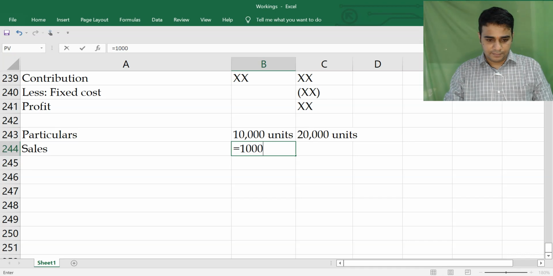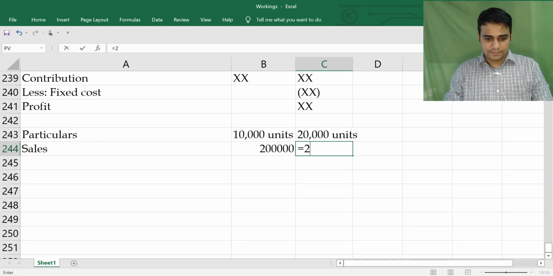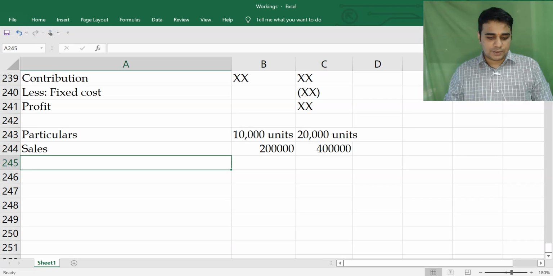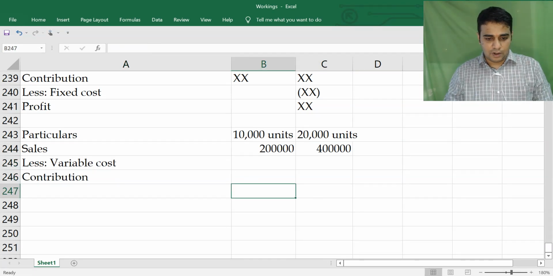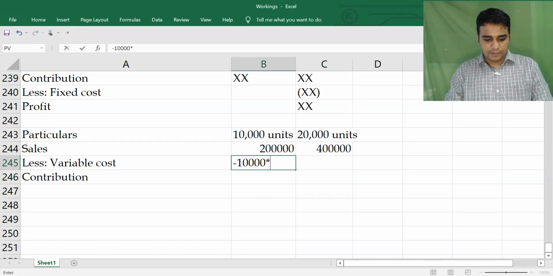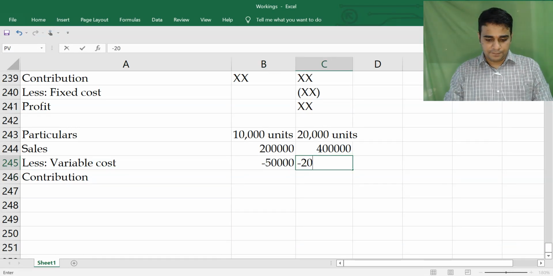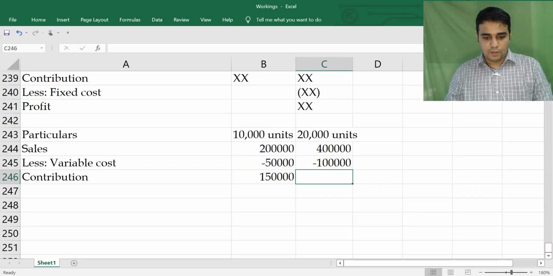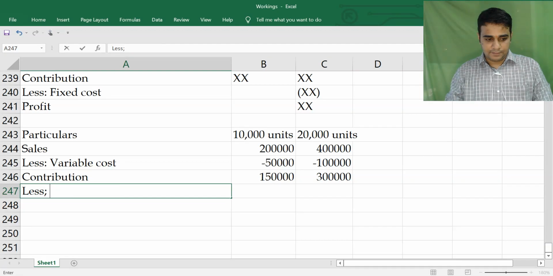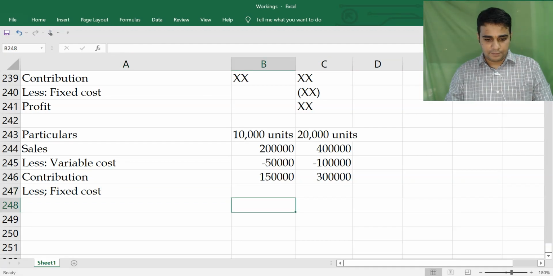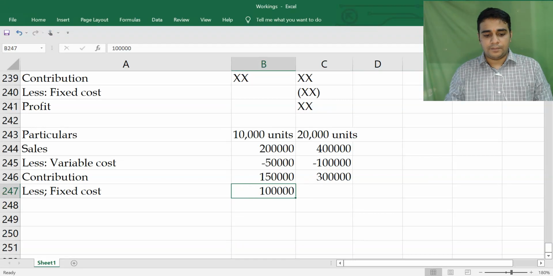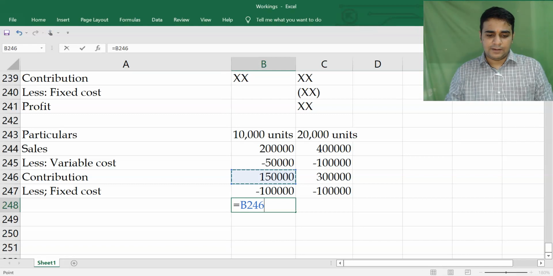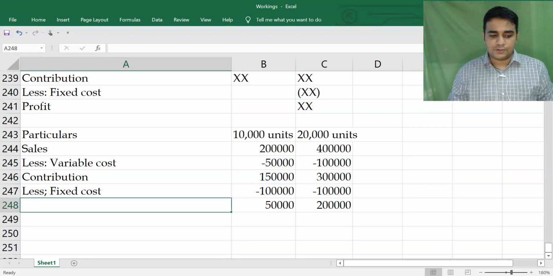Sales: 10,000 into 20, 20,000 into 20, less variable cost, contribution: 10,000 into 5, 20,000 into 5, 150 and 3 lakh. Fixed cost is 1 lakh rupees. Profit is 50,000 and 2 lakh.